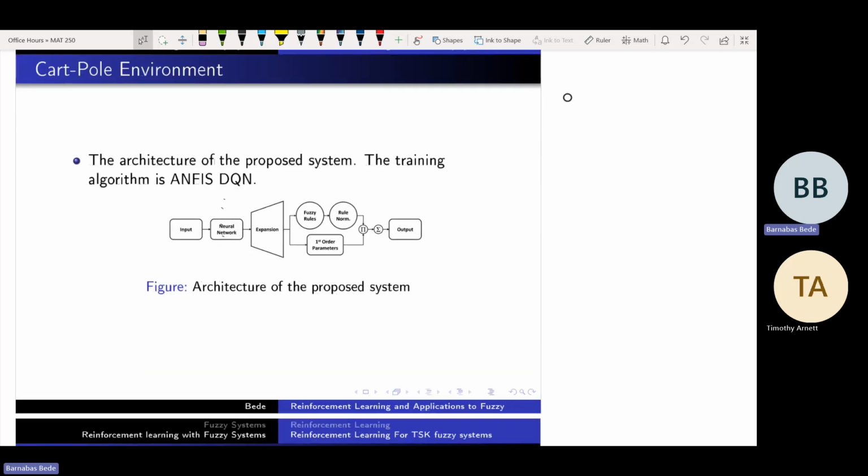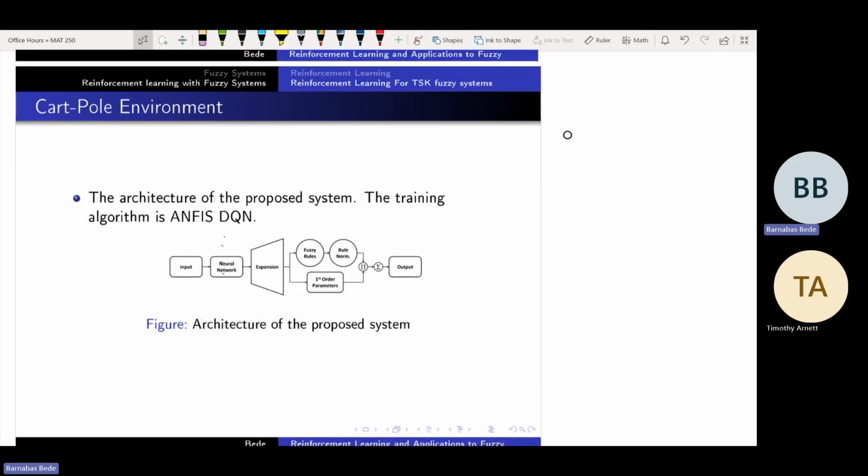So to expand the number of parameters that you can work with, there is an expansion layer. Basically, the 4 inputs that you have are the velocity and acceleration of the cart, and the angle and angular velocity of the pole. From those 4 inputs, you can generate a lot more intermediate inputs here.